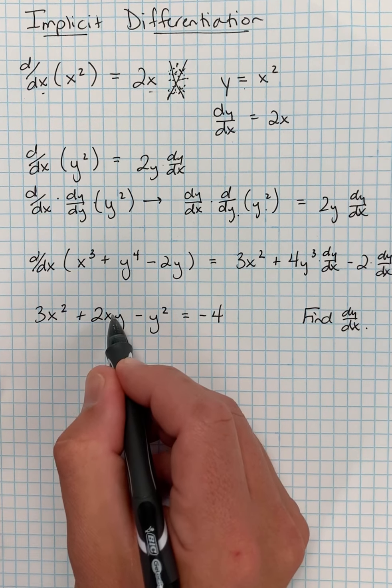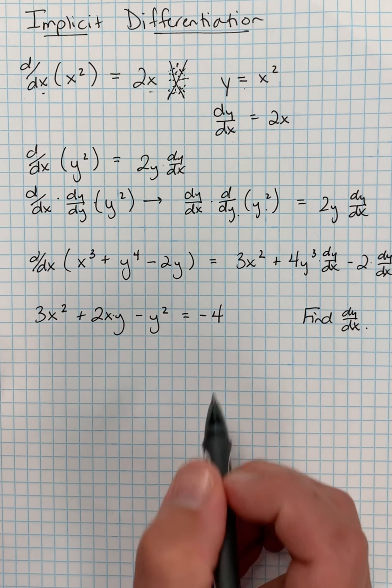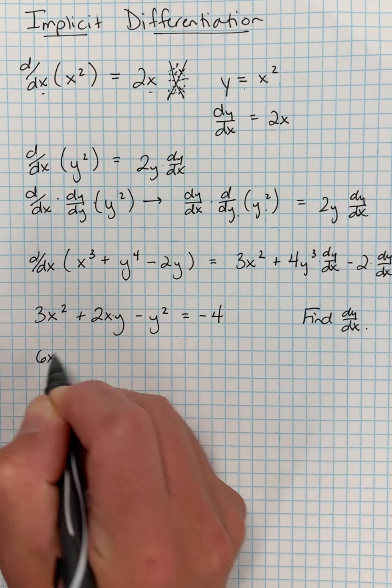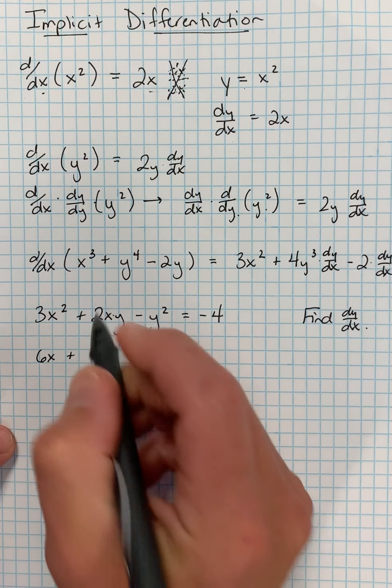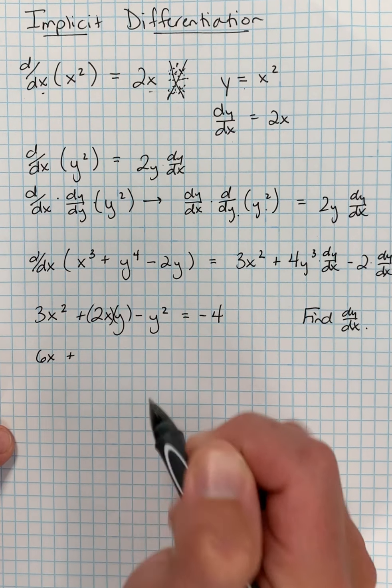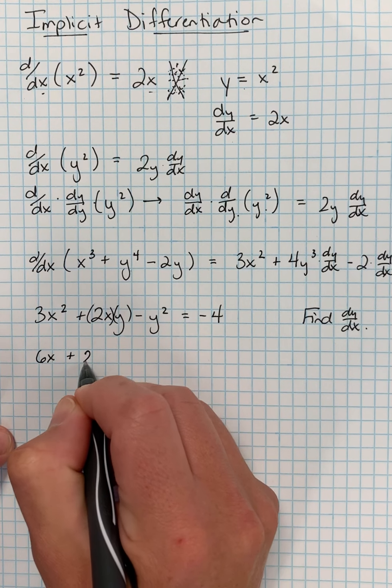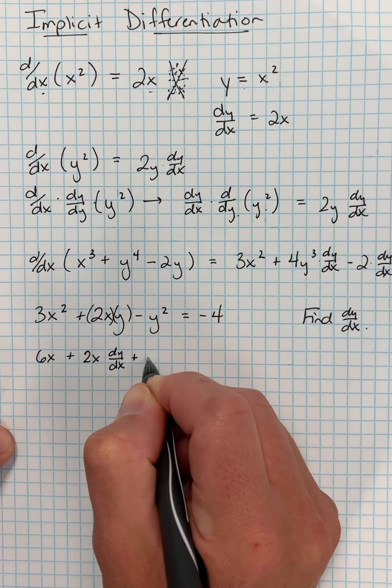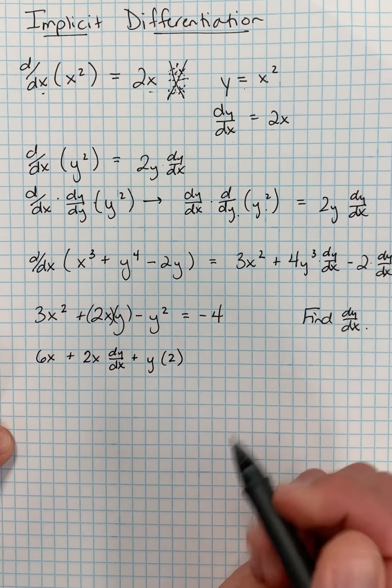So I'm going to go through, and notice I have a product rule that I'm going to have to apply in the middle of this. So first, the derivative of 3x squared is 6x plus, and I'm going to divide this into my two factors, 1 d2 plus 2 d1.